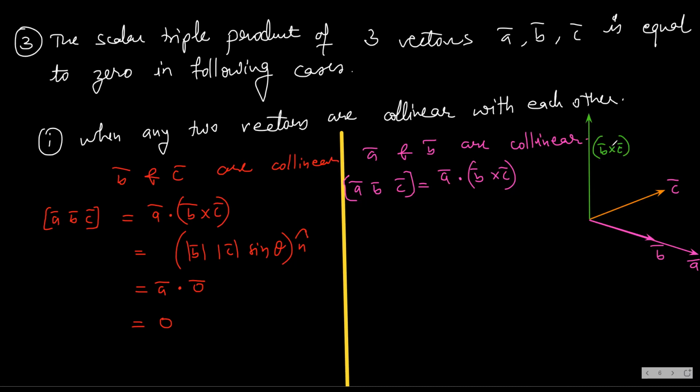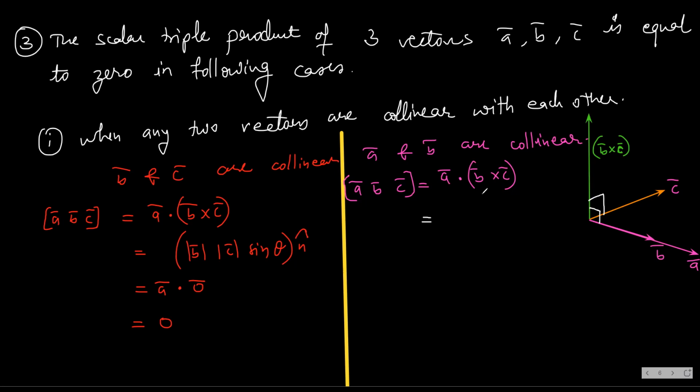Now check this out. This B bar cross C bar is perpendicular to B bar as well as C bar. Since B bar cross C bar is perpendicular to B bar and A bar is collinear to B bar, B bar cross C bar is also perpendicular to A bar.